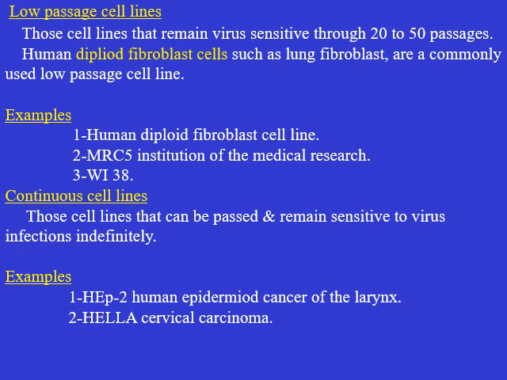Continuous cell lines prepared from tumor cells can be passed, subcultured in vitro, and remain sensitive, receptive to the virus indefinitely. Examples of the continuous cell lines we have HEp-2, a human epidermoid cancer of the larynx, and the second example is HeLa, cervical carcinoma cells.